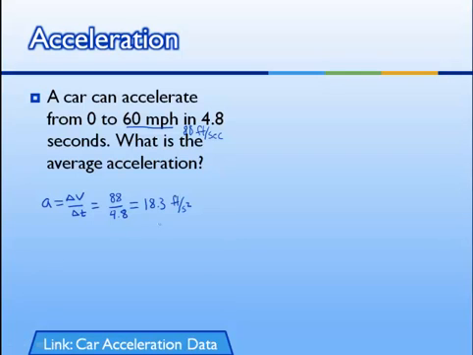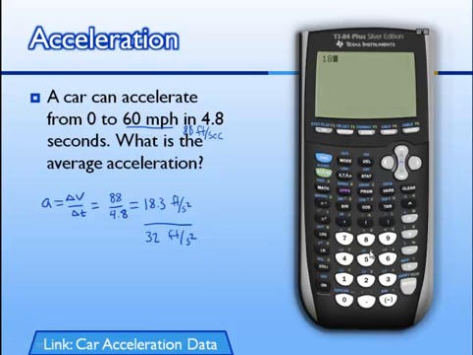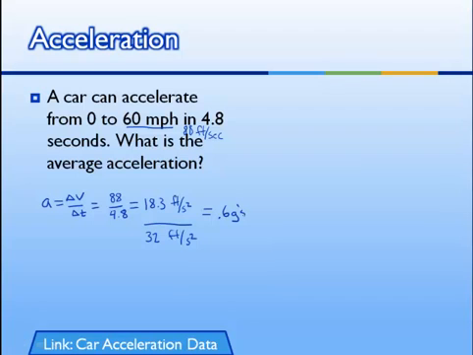You remember that gravity is 32 feet per second squared. That's what 1 G is equivalent to. And so if we divide the two of these, 18.3 over 32, that corresponds to 0.57, or let's say 0.6 G's. Not bad.